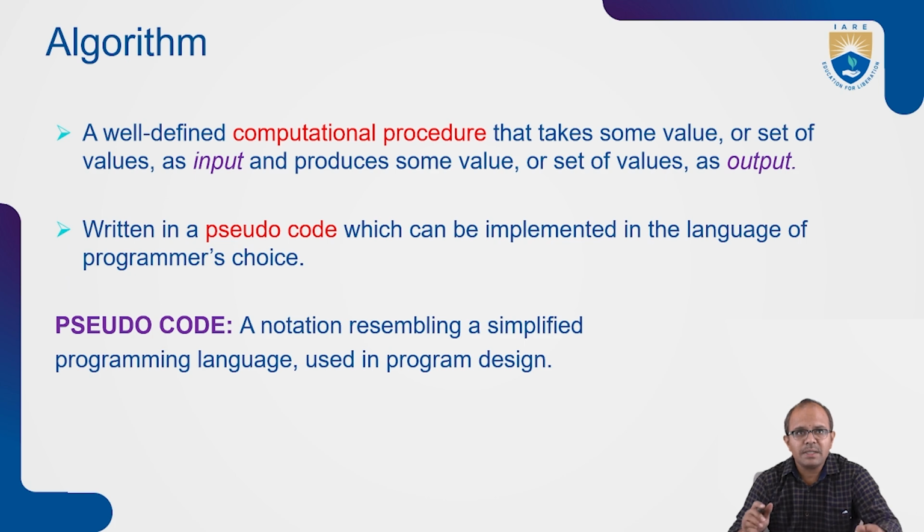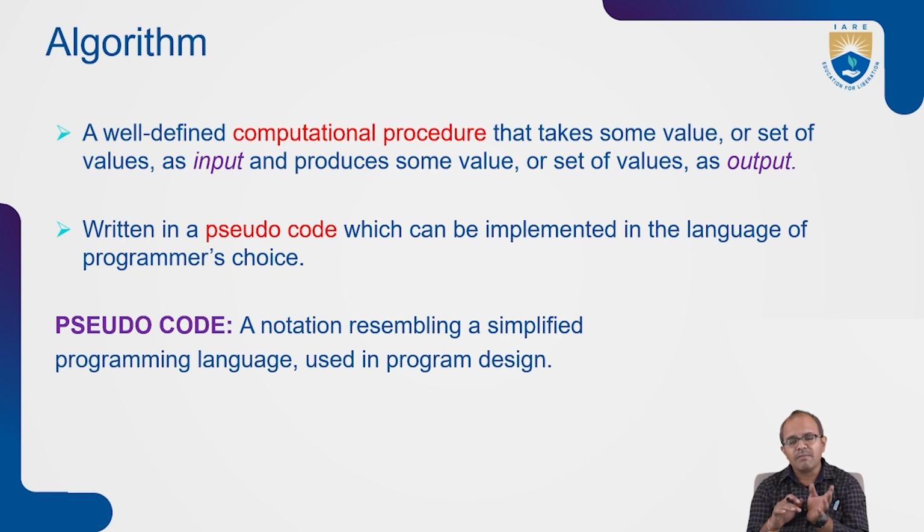So here is a simple definition for the pseudocode. Pseudocode is a notation resembling a simplified programming language used in program design. So this gives the fair details about the algorithm, or the steps or the instructions involved towards solving a specific problem.